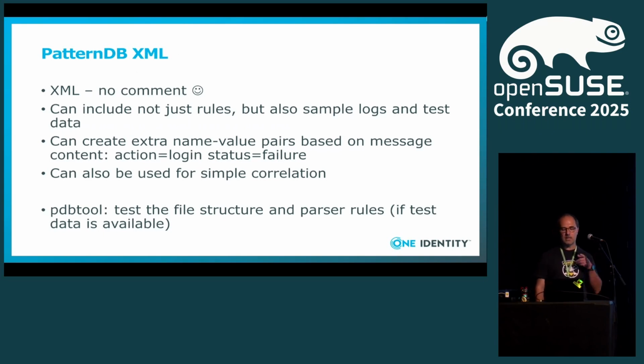Like if you recall my SSH example, that it's an action equals login, status equals failure. It's not written in the actual log message, but you can create similar name value pairs based on the message content. And you can also create simple correlation rules in PatternDB.